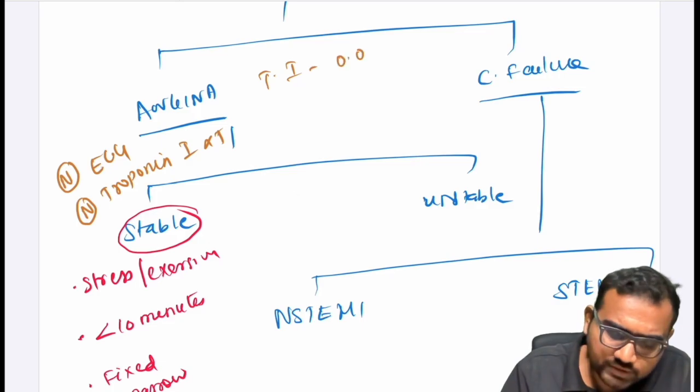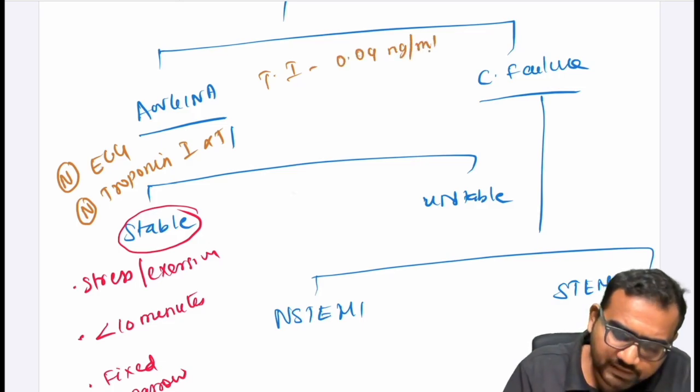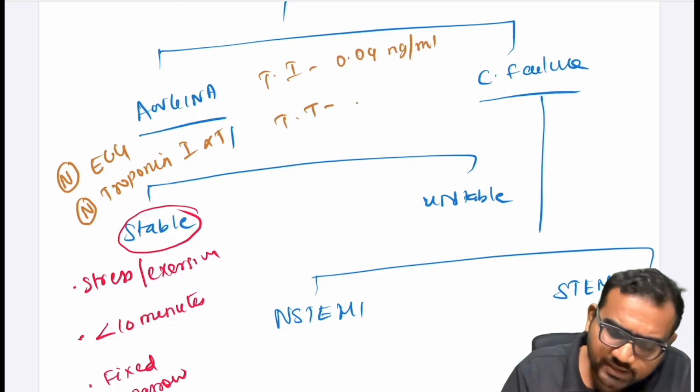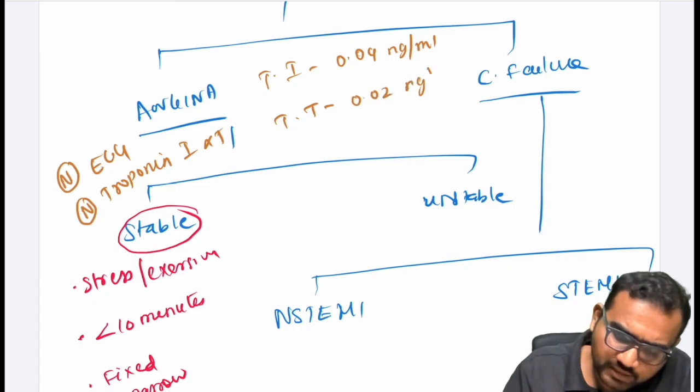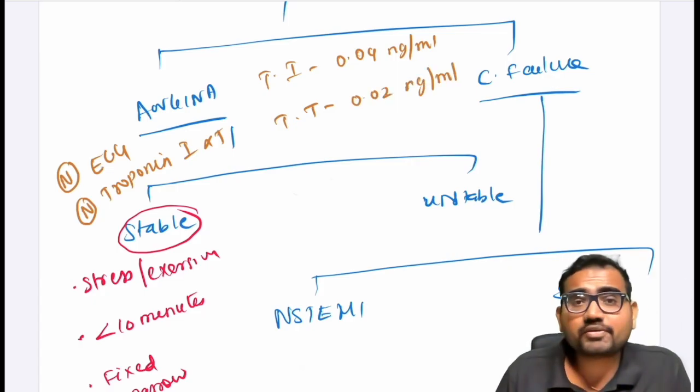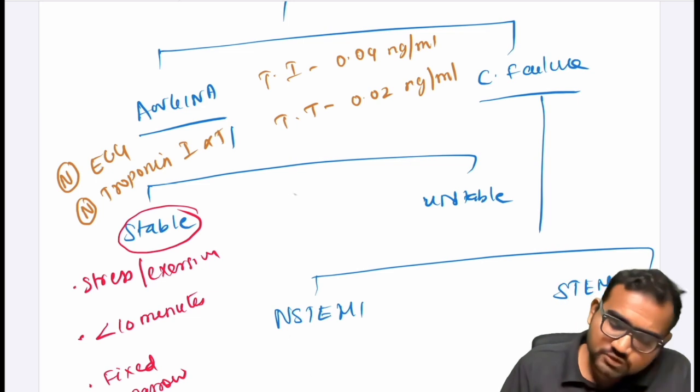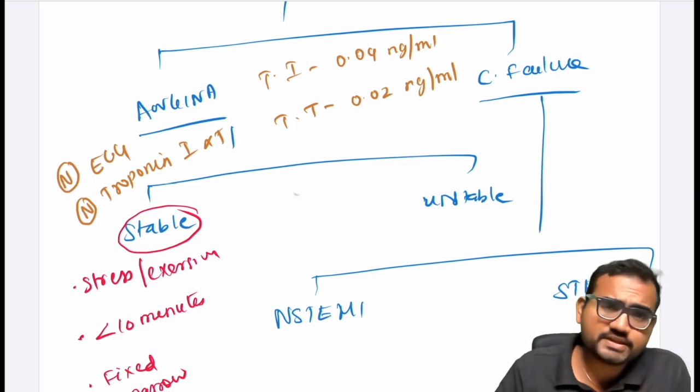It will be around 0.04 nanograms per milliliter, and troponin T will be 0.02 nanograms per milliliter. You should definitely get used to these values. So in stable angina, all these will be normal.